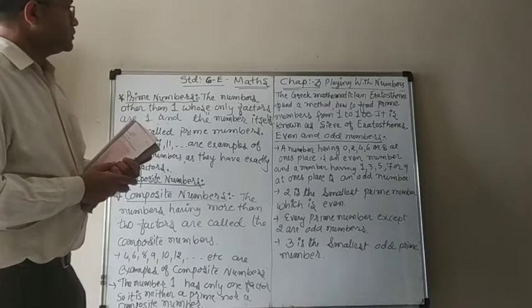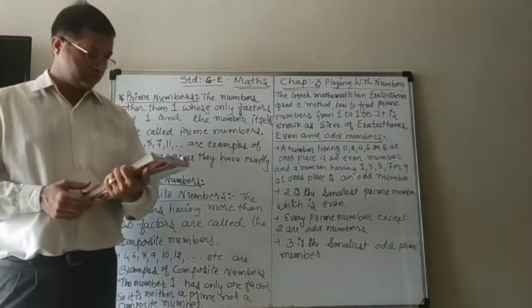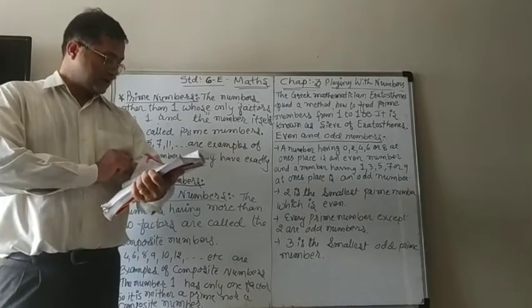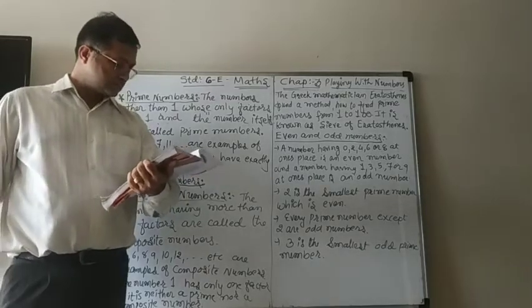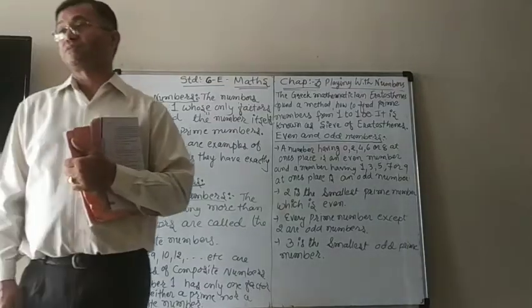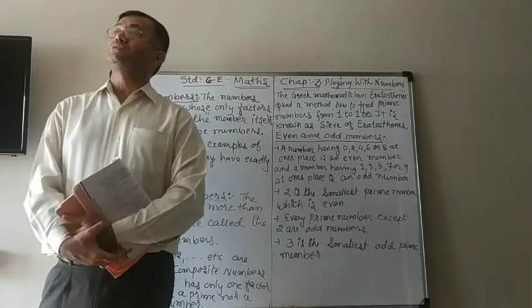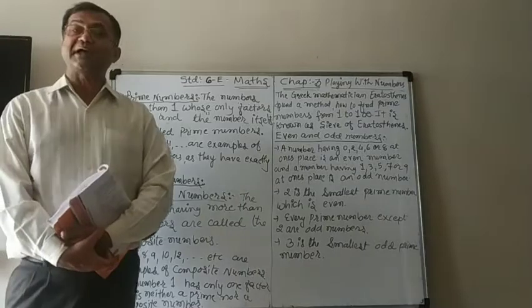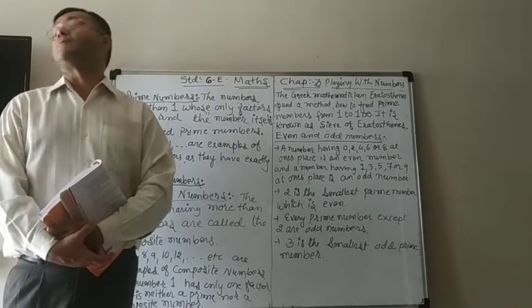Now moving forward, we are going to learn about prime numbers and composite numbers, and a special method such that we can easily find out, from 1 to 100, which numbers are prime and which are composite.